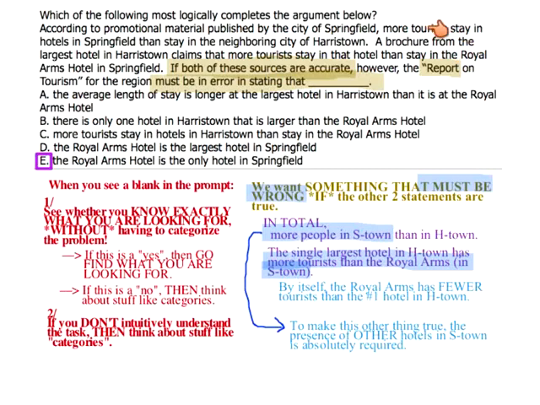Oh yeah, in the passage, yeah, that means aggregate total. More tourists stay in hotels in this town, meaning all the people staying in all the hotels in S-Town or in H-Town. That's how you know that we're talking about aggregates here.